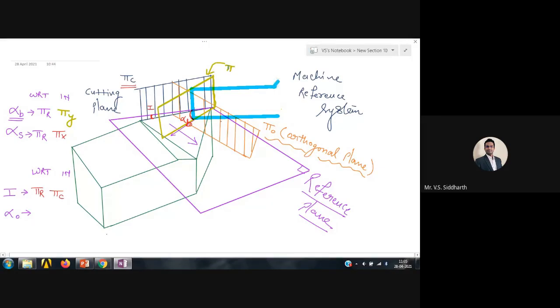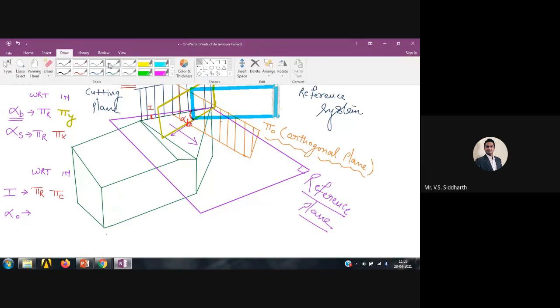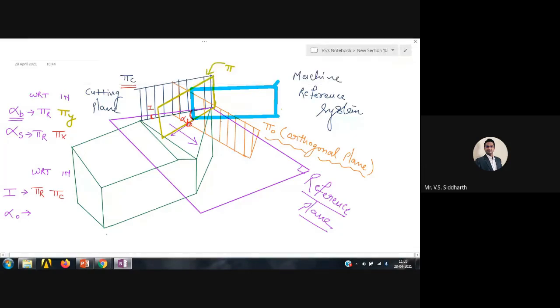So here you'll tell me where will be the side rake angle. Side rake angle will be somewhere here. Right?